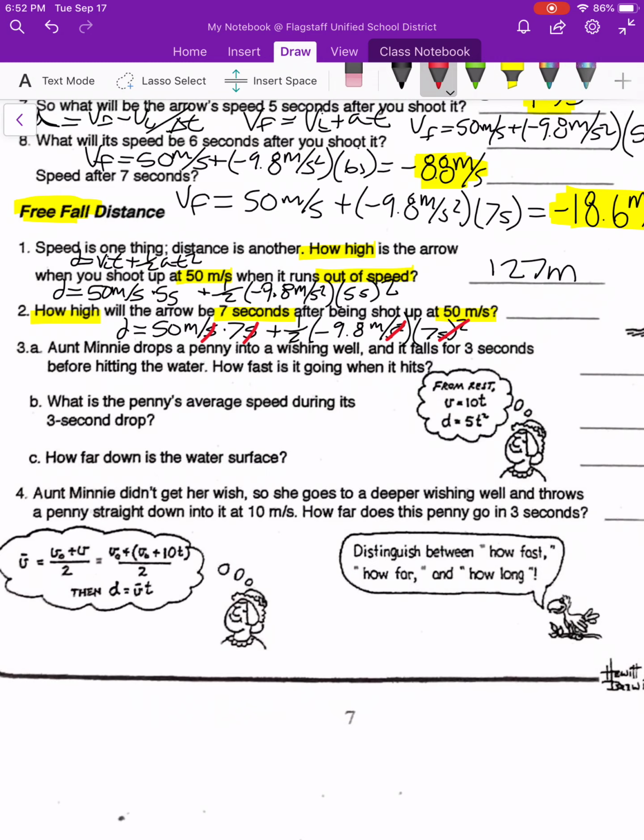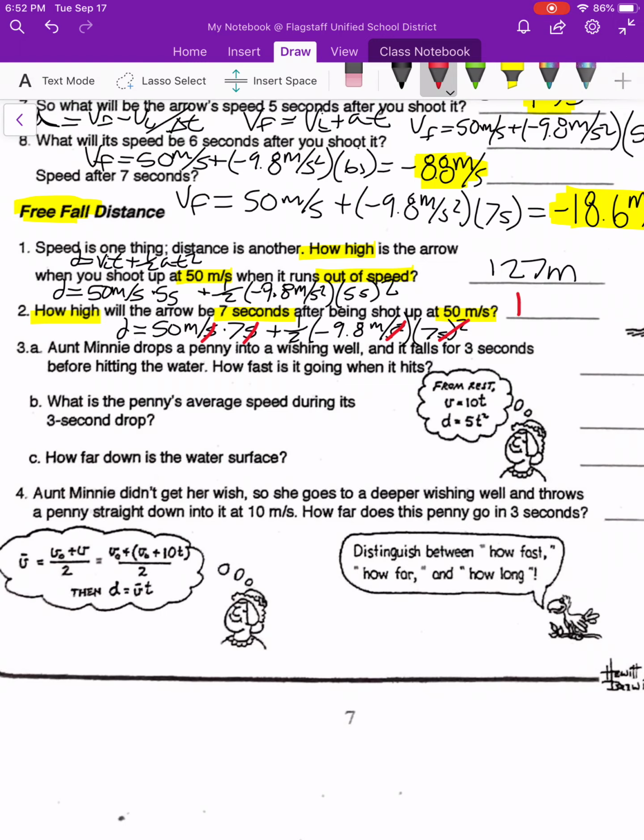Okay, I will use my calculator now. 7 squared is 49 times 9.8 divided by 2. Okay, and then 50 times 7 is 350. So you should get about 100.